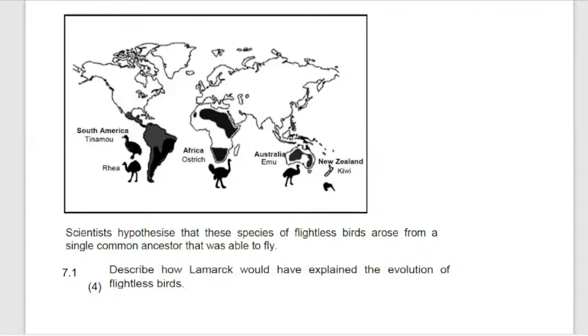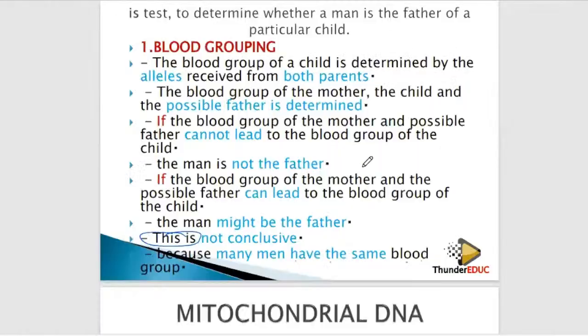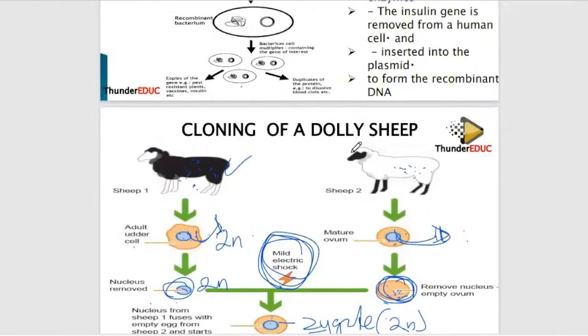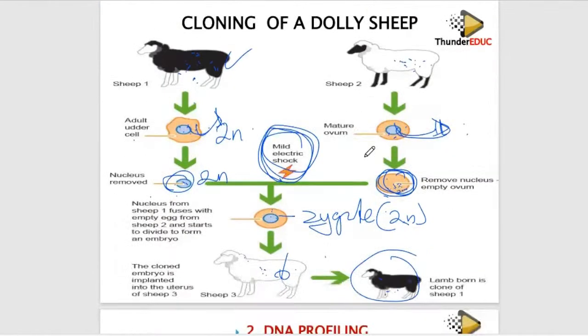Why don't we use the whole genetic material of sheep 1? Maybe you are asking, why don't we use the whole cell of sheep 1?